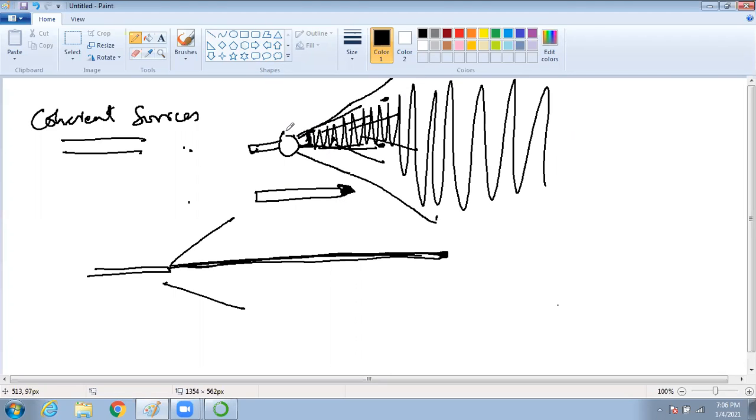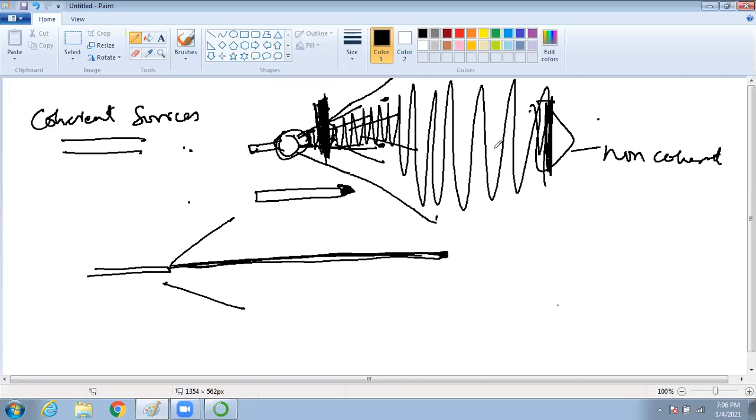If you focus a torch on a wall and one person stands here and another stands here, the intensity this person feels will be more than that person. Clear?